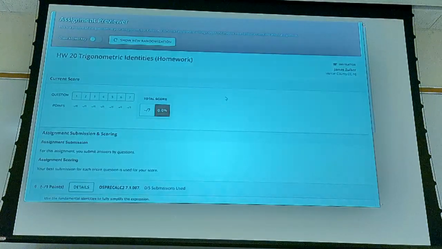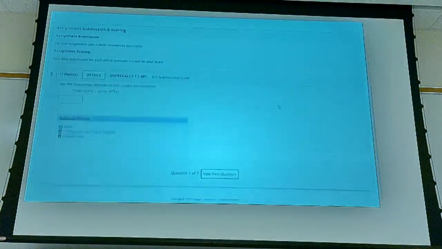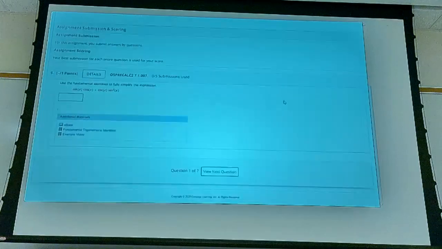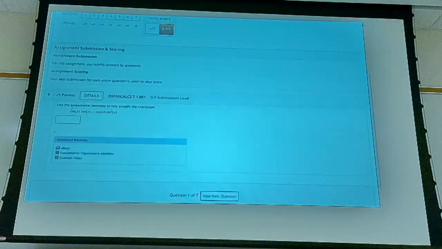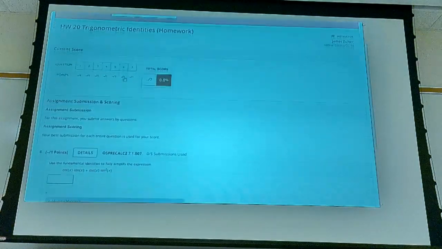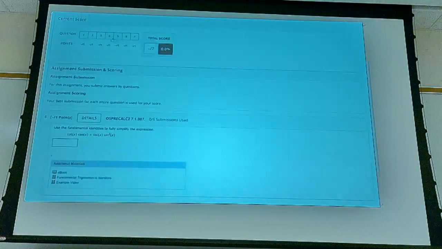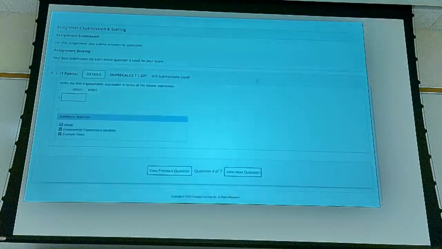This homework only has 7 questions on it. There are, unfortunately, no verification questions. Those are actually really hard to do on an online homework system, right? So if I'm not mistaken, they're all things along these lines. Use fundamental identities to fully simplify. If I'm not mistaken, there's also questions like this, and write the trigonometric expression in terms of the given.